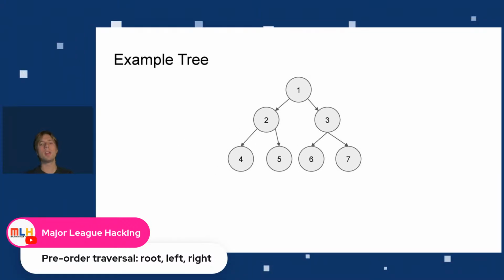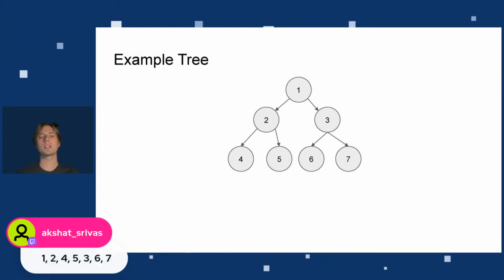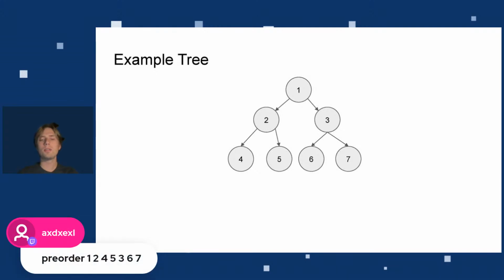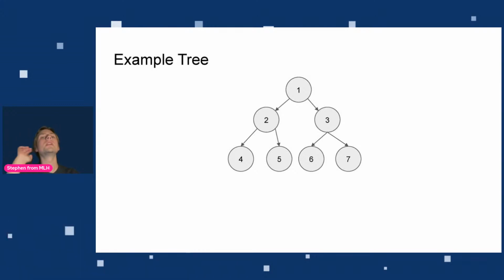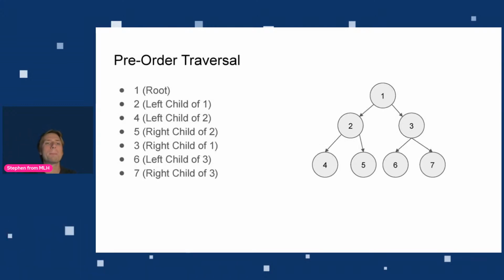All right. A couple of folks are already giving answers for how this would go for pre-order traversal. The answer is 1, 2, 4, 5, 3, 6, 7. So good job to both Akshat and Adel for giving that answer. I'm going to show the solution now with some explanation.